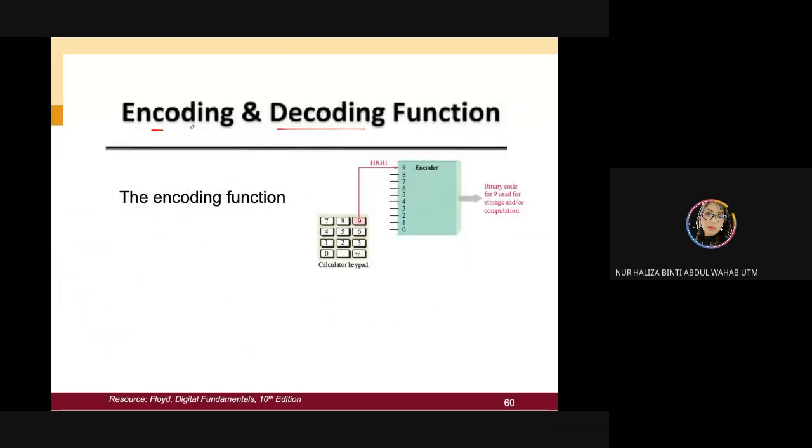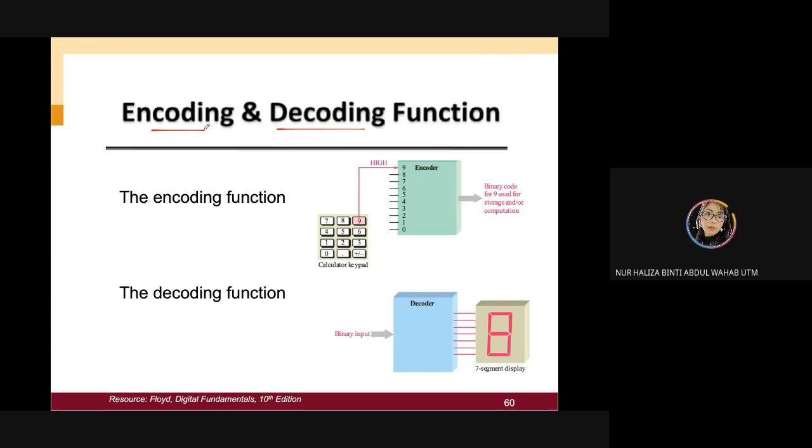Encoder, decoder, later on you need to build by yourself. How are you going to build encoder? How are you going to build decoder? Using what gates? Here is just informing you the function.